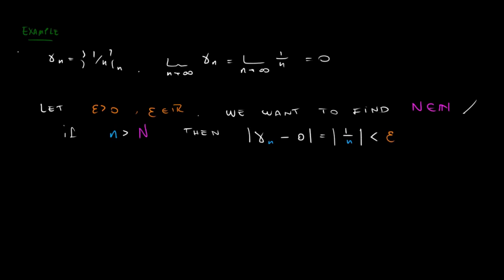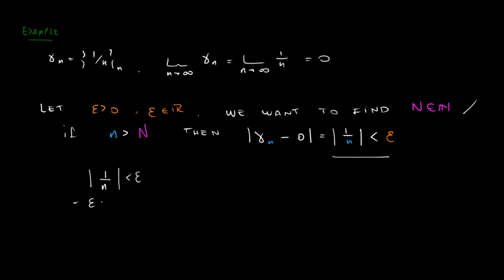Now the trick to do this is, let's start with the thing we want to prove. We know this is mathematically wrong, but you'll see where I'm going with this. So we start with, suppose we have found an N, and n is greater than this N and satisfies 1 over n is smaller than epsilon.